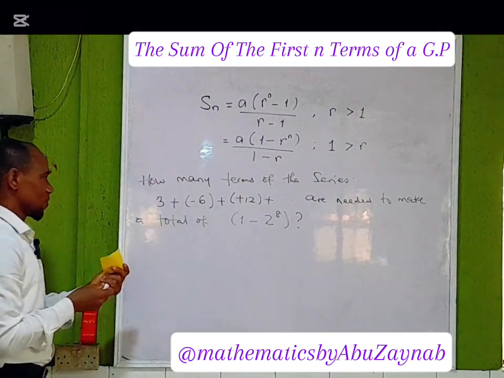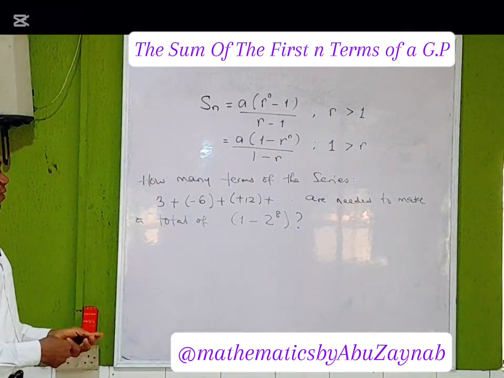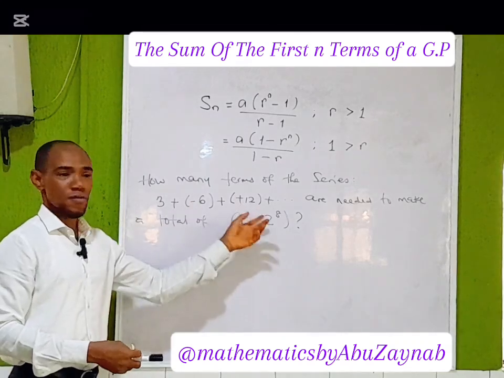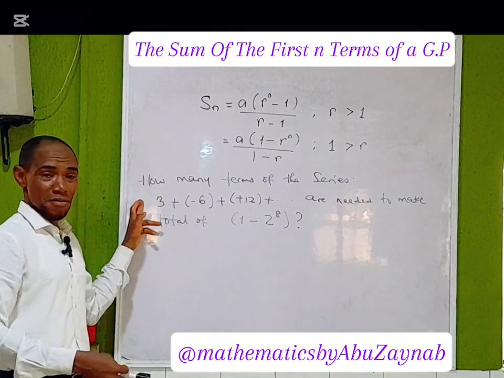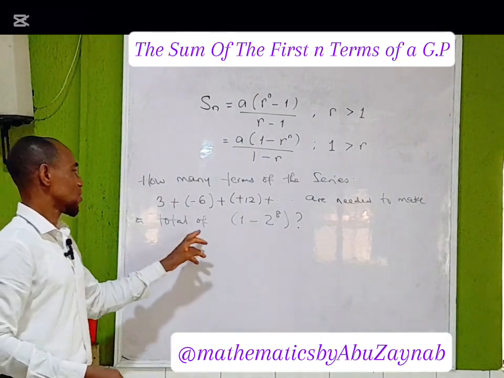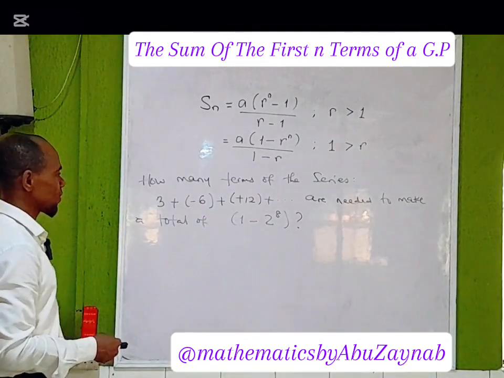That's the question. How many terms of this series, starting with 3, minus 6, and 12, will be needed to give us a total, after adding from the beginning to that particular number of terms, of 1 minus 2 power 8?